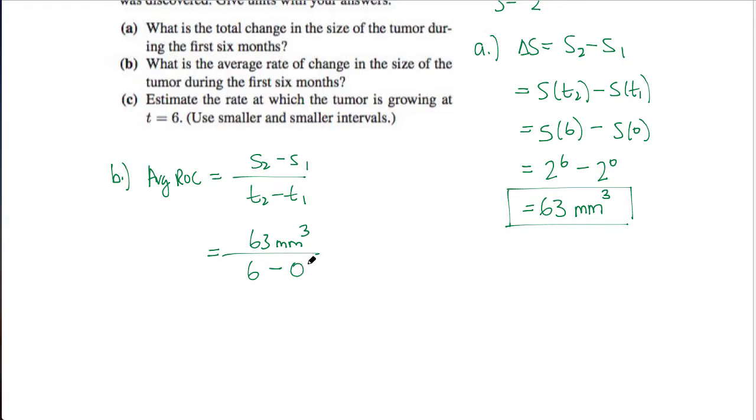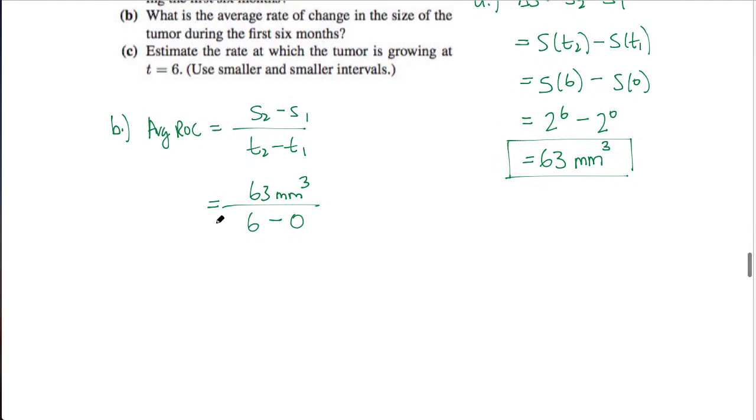So it's just 63 millimeters cubed divided by 6. My average rate of change in the size of this tumor is 10.5. I should include units, so that'd be 10.5 millimeters cubed per month.